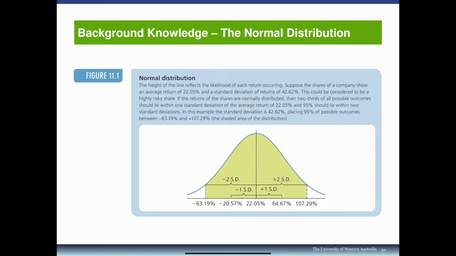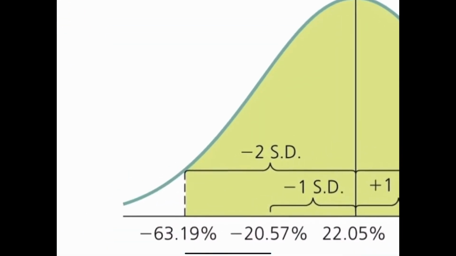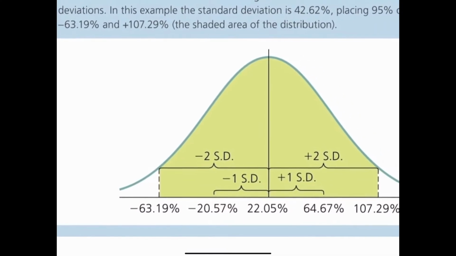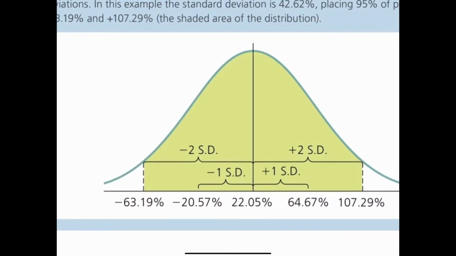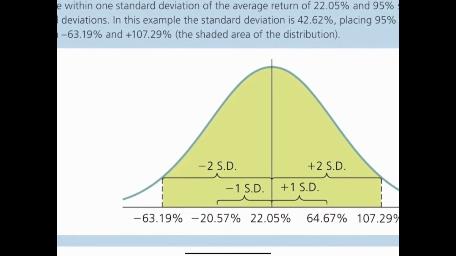Why? Because the bulk of the distribution in the middle tells you that's what is going to happen 95% of the time. Anything beyond the shaded area will be in that 5% event window. So for this particular stock, the chance that I'm going to get a negative 70% return is quite small. That just gives you an idea.